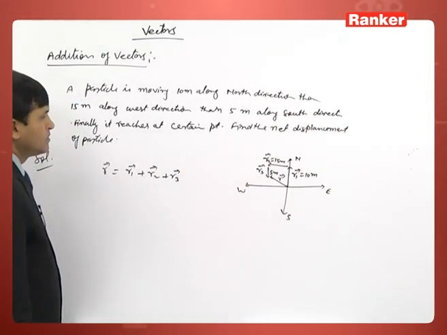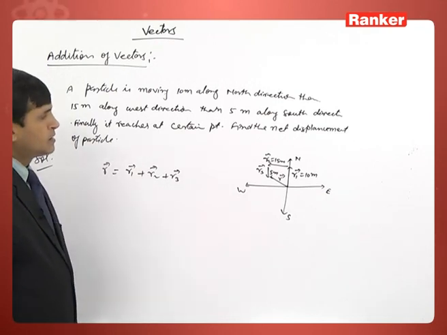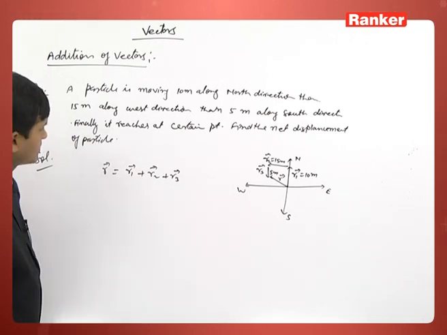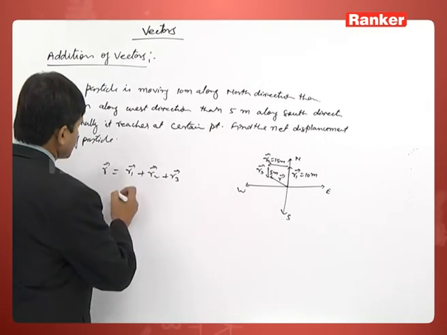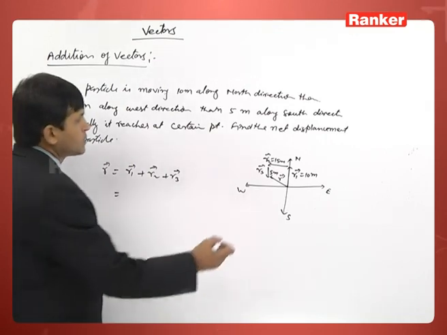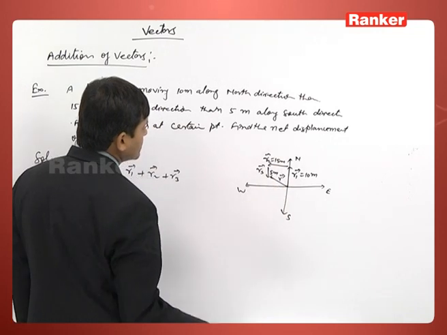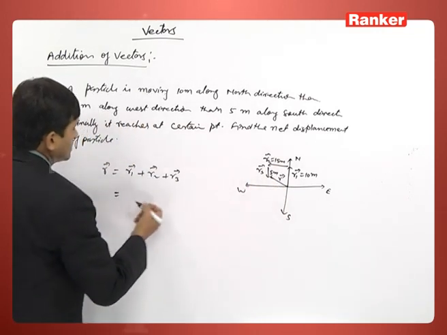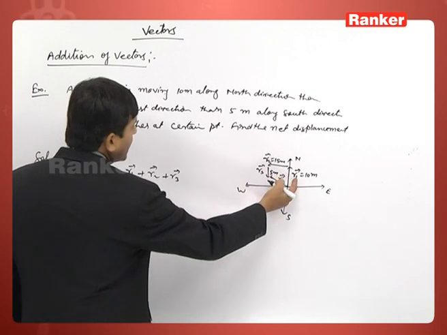So, here we have to resolve all values. R1 plus R2 plus R3. R1 and R3 are in the opposite direction.